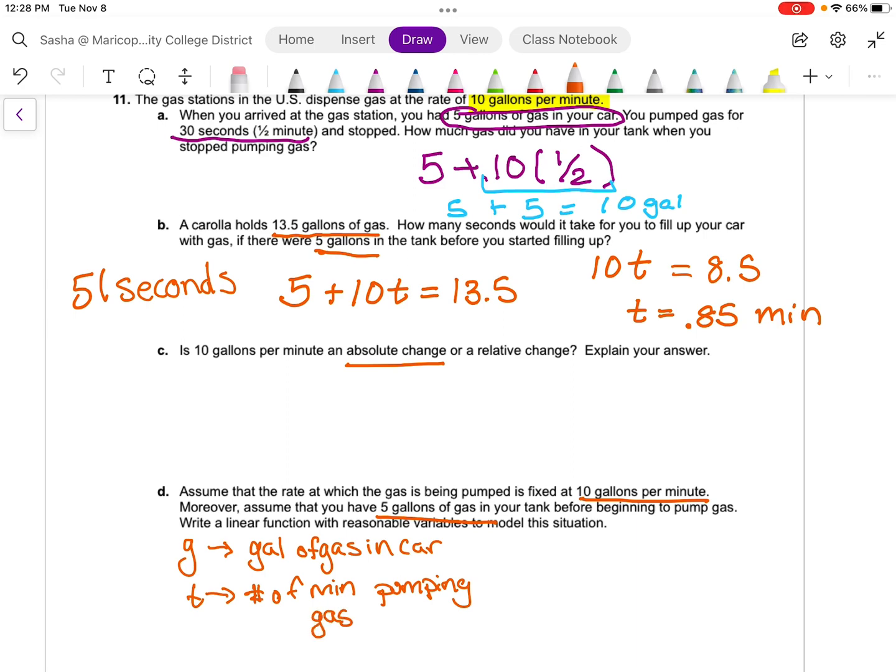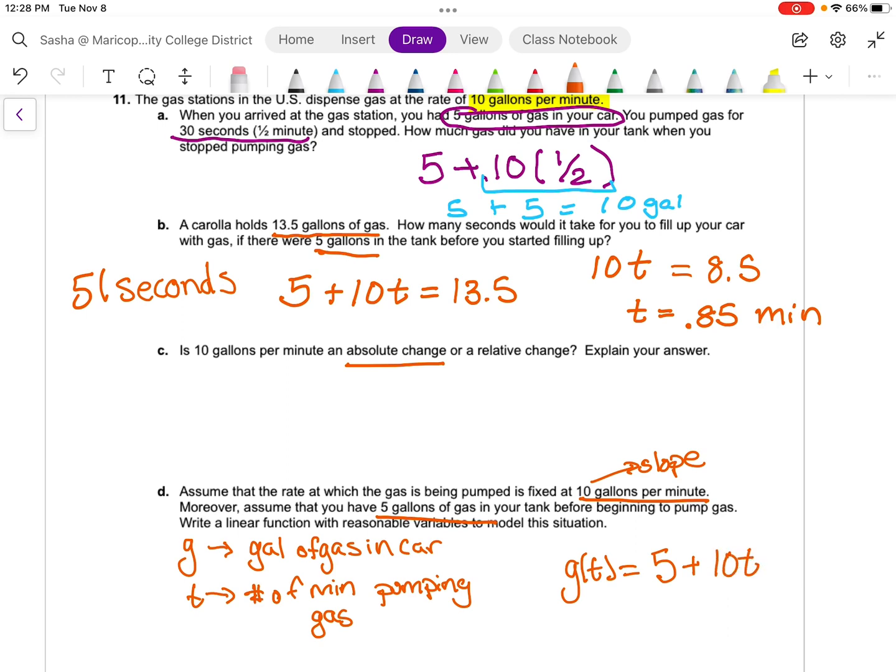And this is a linear function. This right here is my slope, and that 5 gallons is my initial value. So I know G of T equals the 5 gallons I started with plus 10 times my time.